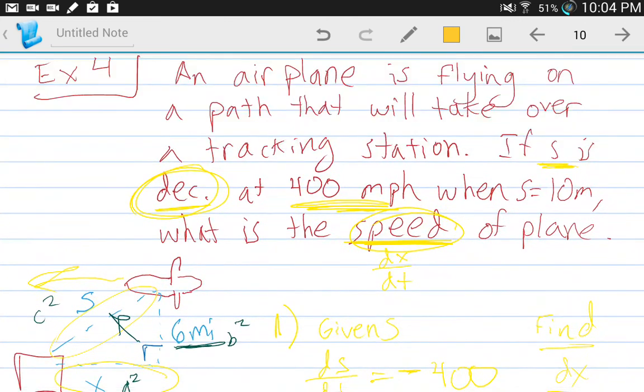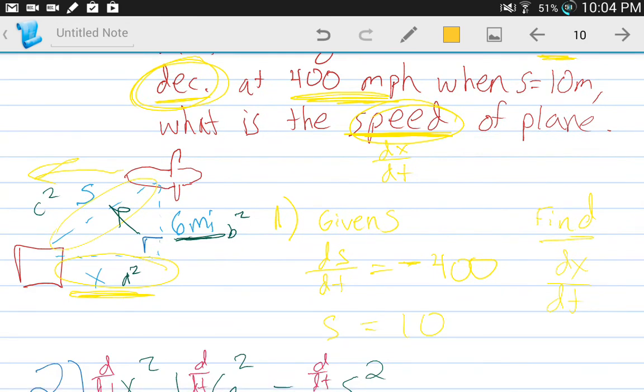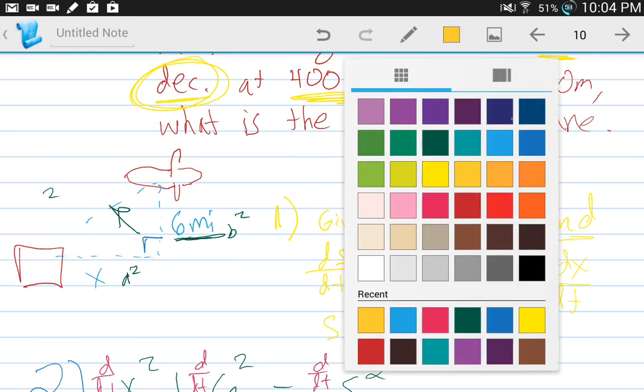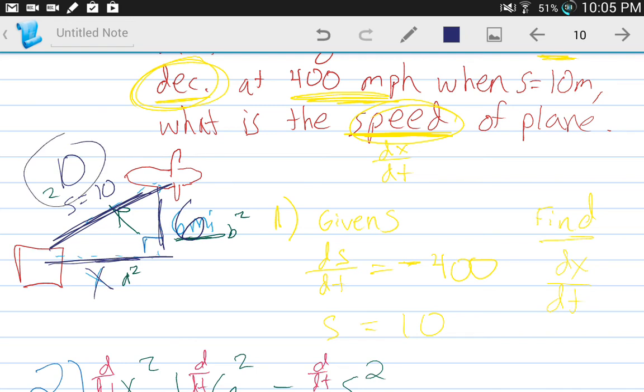Now, the instructions definitely didn't give us any x. But what they did say is it was at a specific time. So it was at the time where s was equal to 10. So now we have a triangle with 10, with 6, and with x. So we can do a squared plus b squared equals c squared with 10.